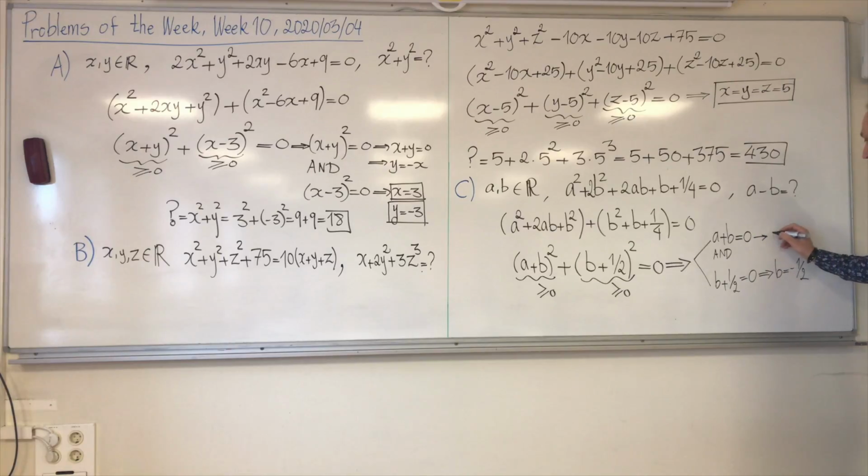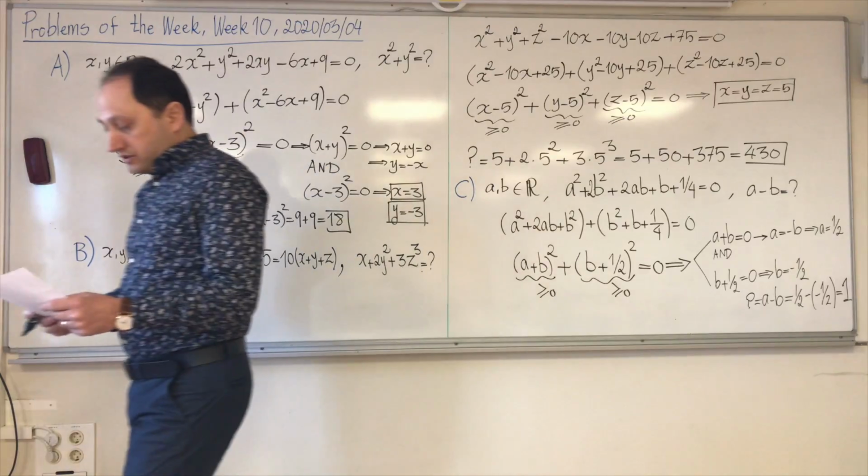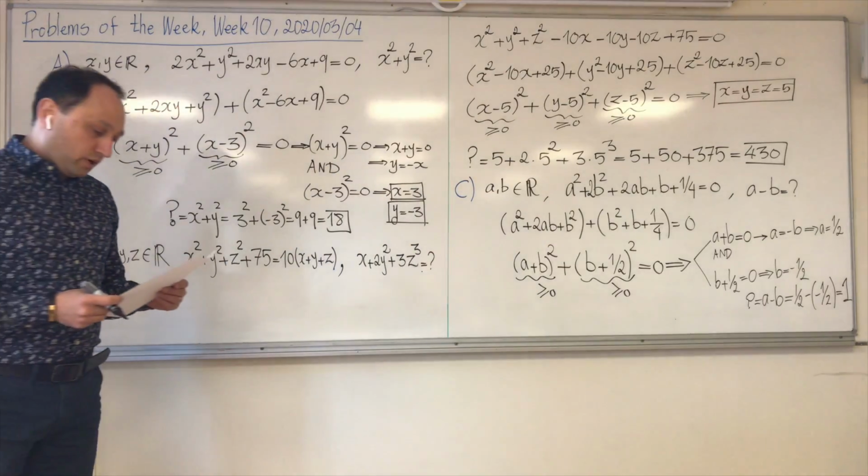From here, I can conclude that a is −b. Because b is −1/2, it means that a is equal to positive 1/2. Yes, and then my question mark is a − b, which means 1/2 minus (−1/2). So it becomes 1/2 + 1/2, which is 1. So the answer to this problem is actually 1.